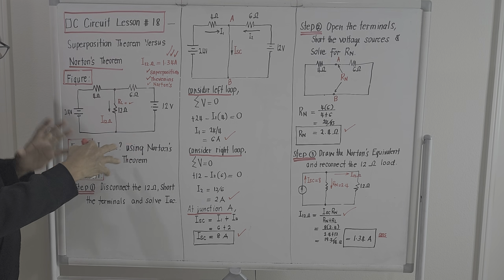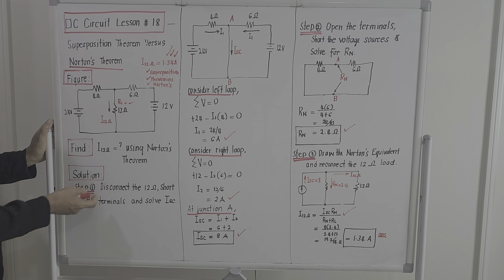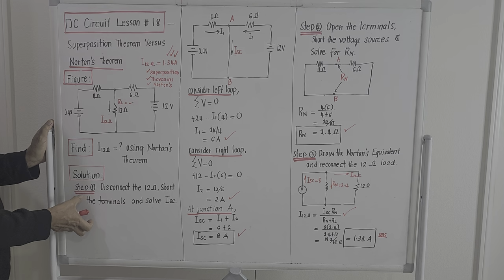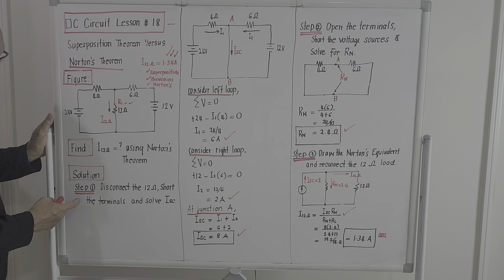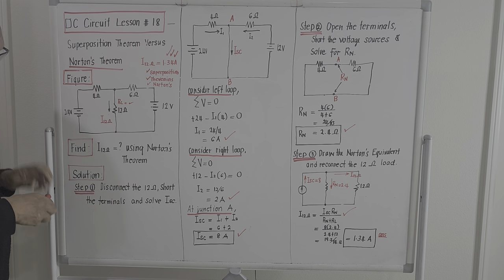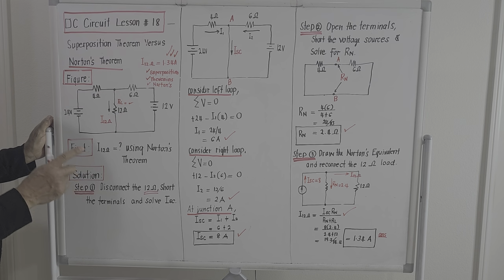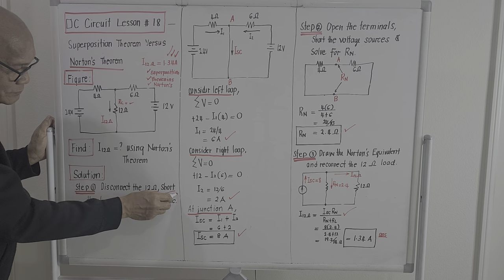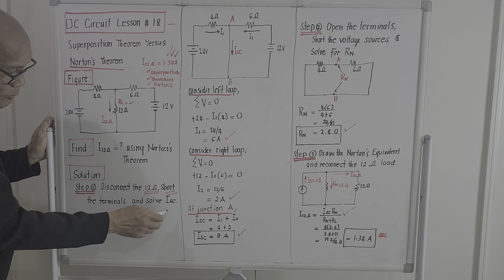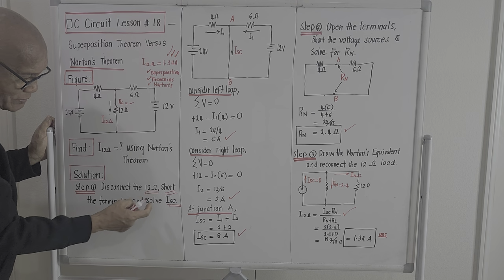It's a little bit complicated. We've got two voltage sources. Let's try to bring out the solution. Step number 1. There are actually 3 steps. For Norton's step number 1, we'll try to disconnect the 12 ohm load, short the terminals, and solve for the capital letter I with the subscript SC, meaning the short circuit current.